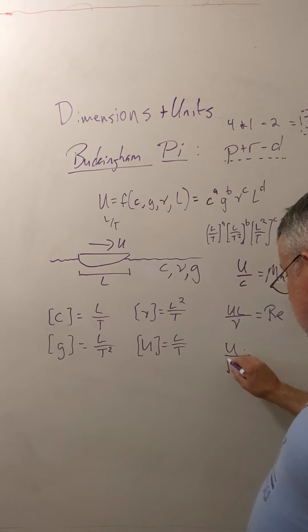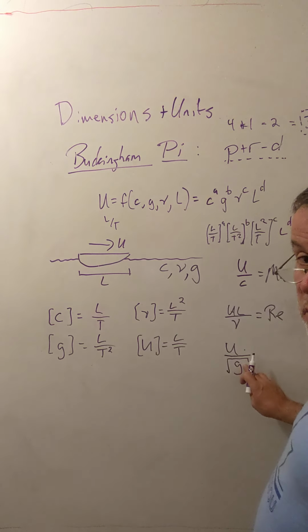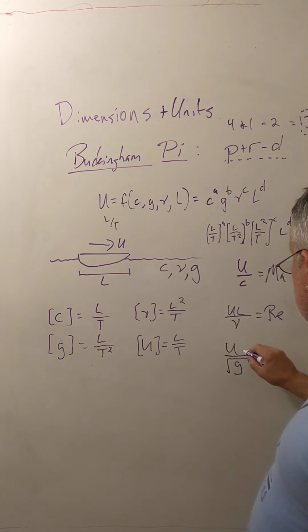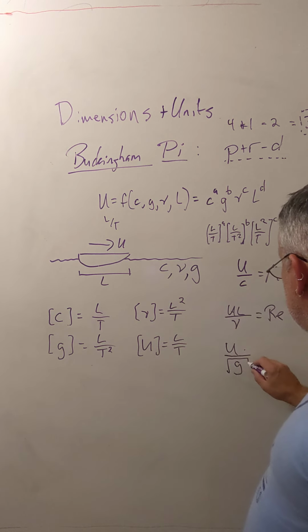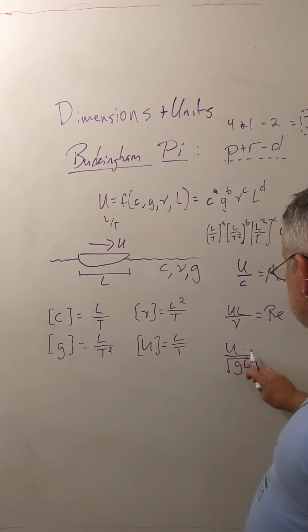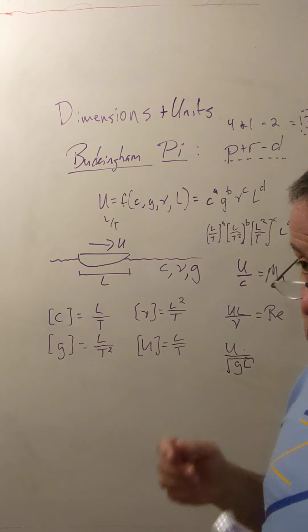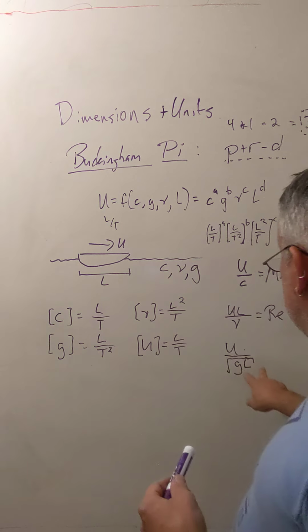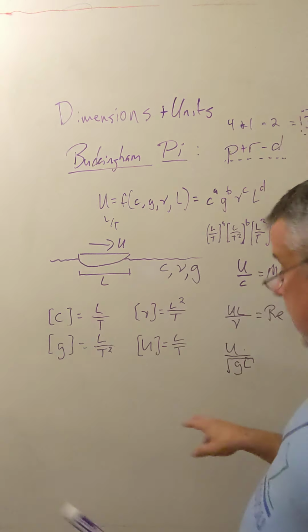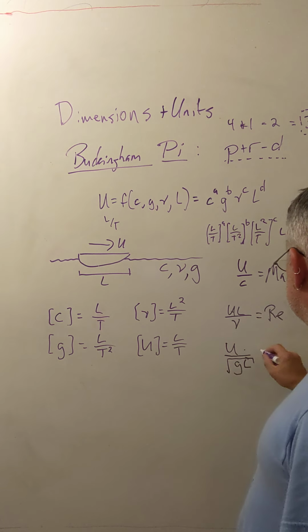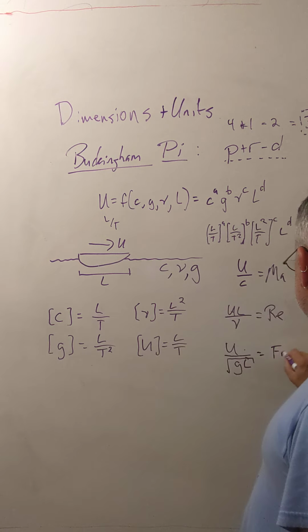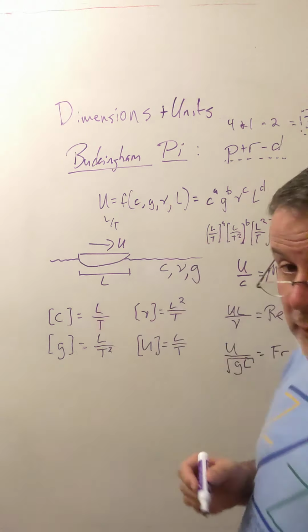So let's take the square root of g, and we have length per time over square root of length over time squared. So we need one more g times L. Square root of gL has the units of length squared per time squared, the square root of that, which is length per time. So this is also a dimensionless number. This one is called the Froude number.